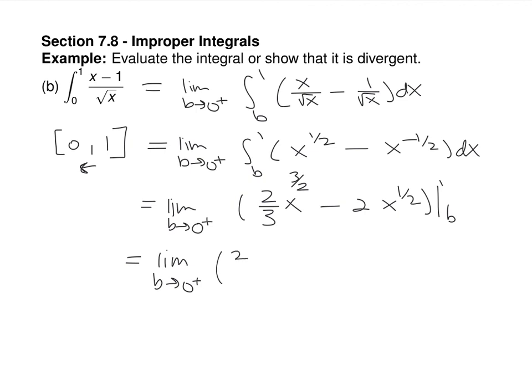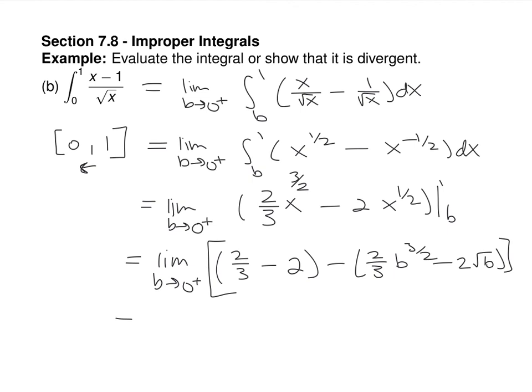So that will be 2/3 minus 2, plugging in 1 for both of those, minus 2/3 b to the 3/2 minus 2 root b. And at this point, plugging in b equals 0 doesn't give us a problem in either of those terms, so those two last terms on the end both go to 0. And we're left with 2/3 minus 2, which is 2/3 minus 6/3, or negative 4/3.